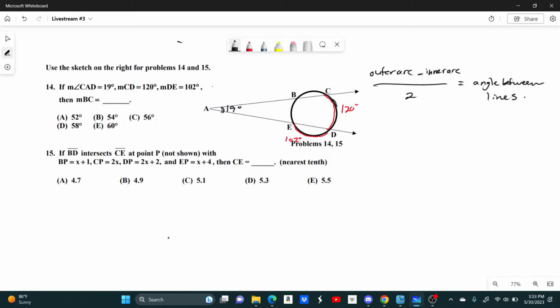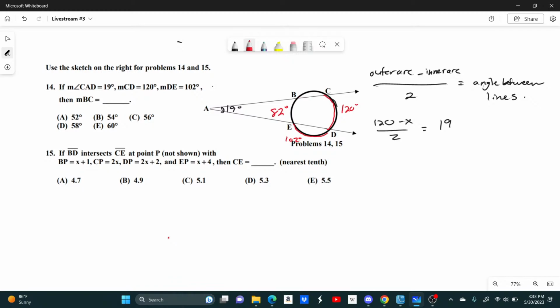So for this problem, our outer arc is CD, which is 120. Our inner arc is BE, we don't know what that is yet. Divided by 2 gives you the angle between the lines, which it tells you is 19. So if we just solve this really quick, you get x, or BE, is 82 degrees. Okay, so now what can we do with this?